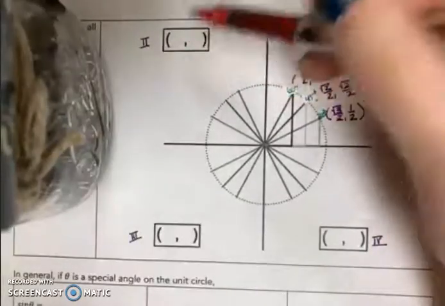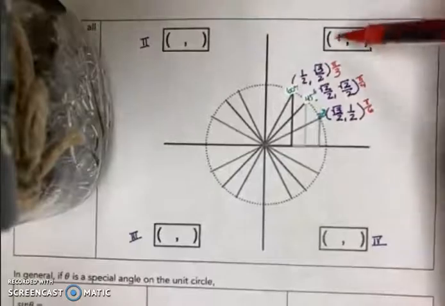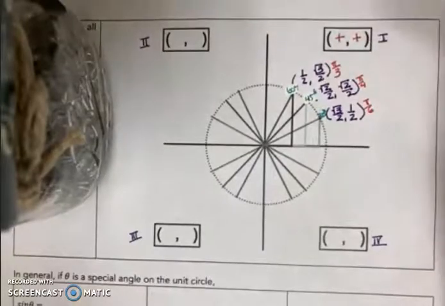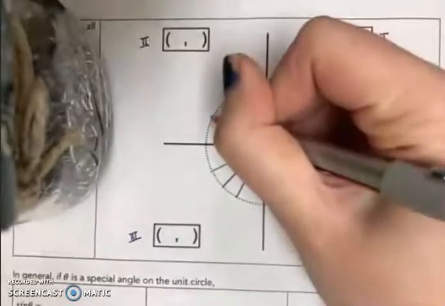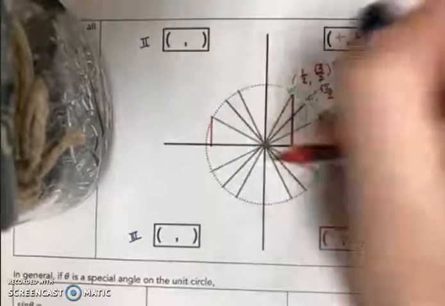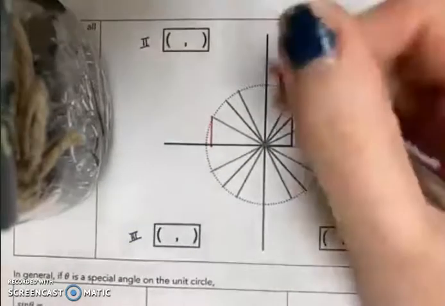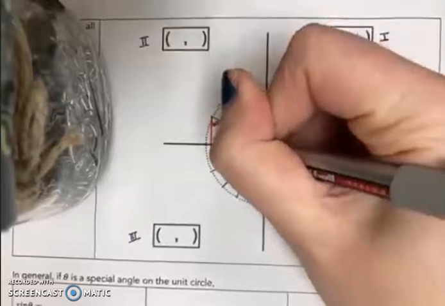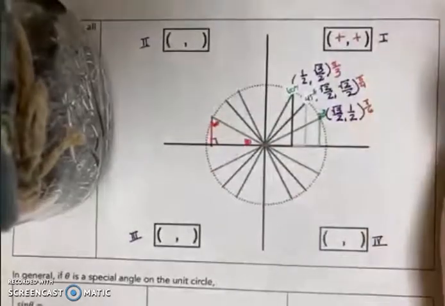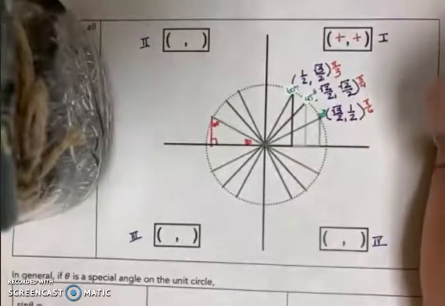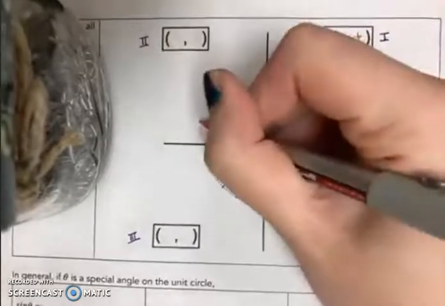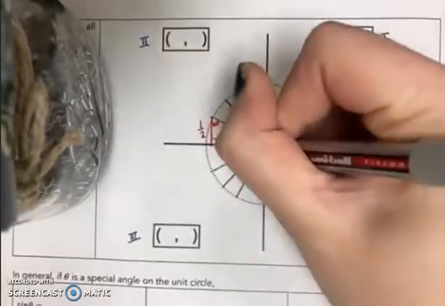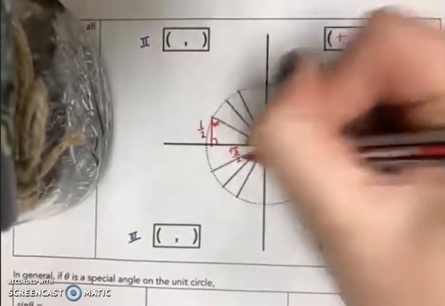In quadrant 2, they're both not going to be positive. So let's say I have this radius right here. It turns out that this is a 30, 60, 90 triangle. And in a 30, 60, 90, I know the shortest length is 1/2 and the longest leg is root 3 over 2.